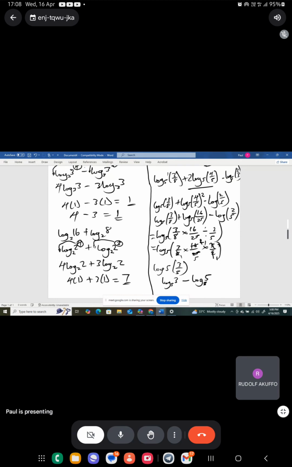Now, you know that when we have log of the same number as the base, we get 1. Thus, log 5 base 5 is equal to 1. So the final answer becomes log of 3 to the base 5 minus 1, because this is equal to 1. You understand? Yeah, I do.